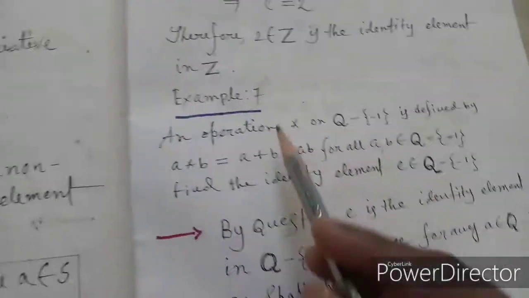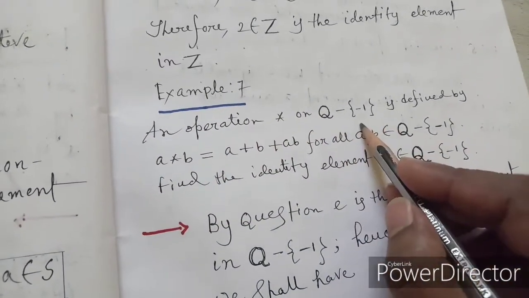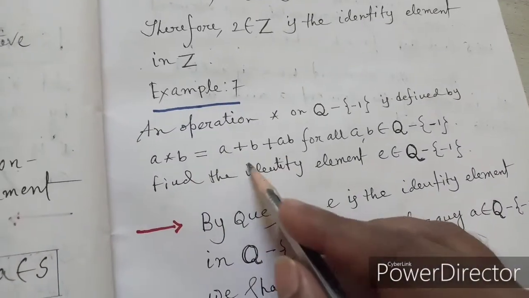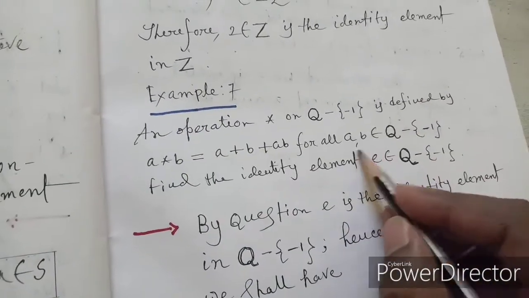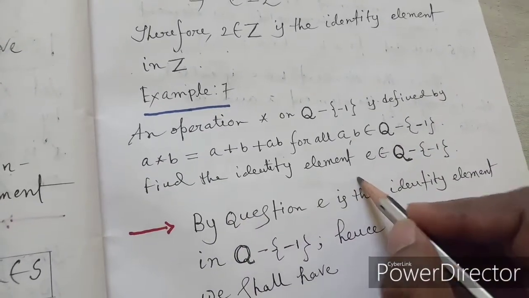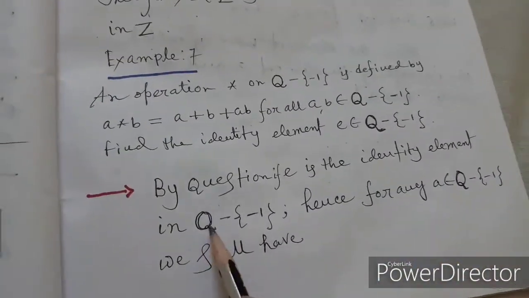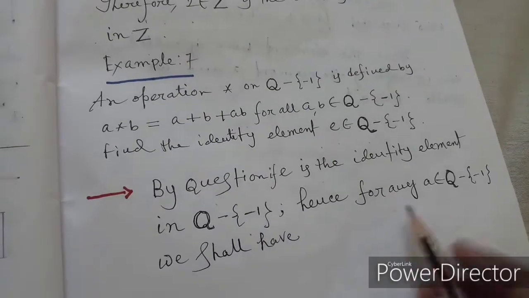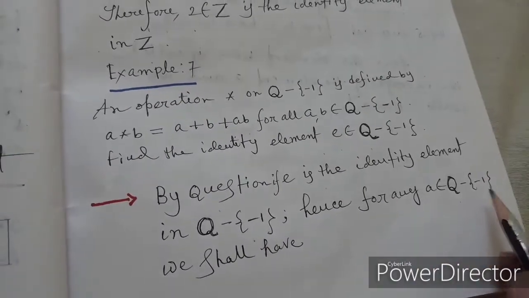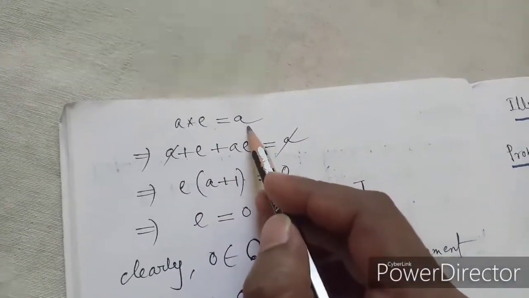Now for example number 6, an operation star on Q minus {-1} is defined by a star b equal to a plus b plus ab for all a, b belonging to Q minus {-1}. Find the identity element e belonging to Q minus {-1}. Now, by the question, if e is the identity element in Q minus {-1}, then for any a belonging to Q minus {-1}, we shall have a star e equals a according to the definition.